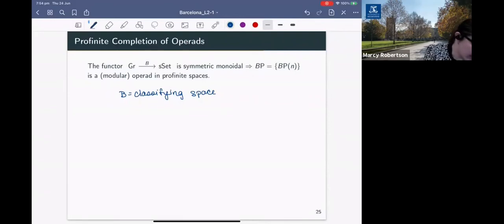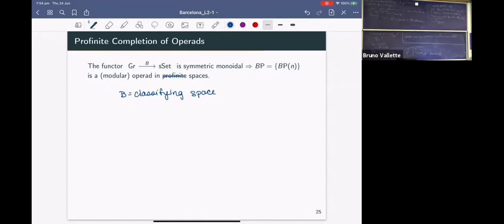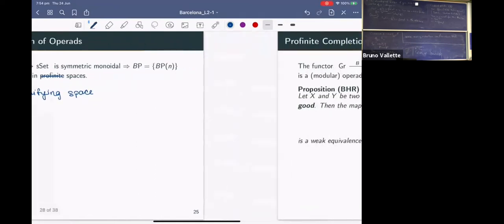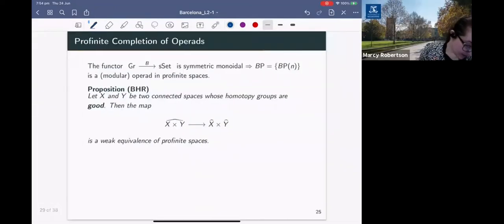So if you apply it to a modular operad in groupoids, you get a modular operad in spaces. All right, and now the question is what happens under profinite completion.